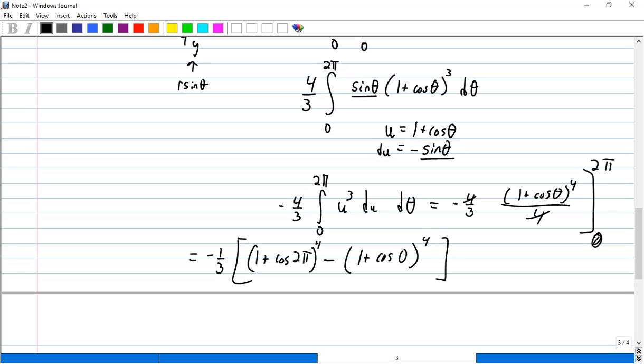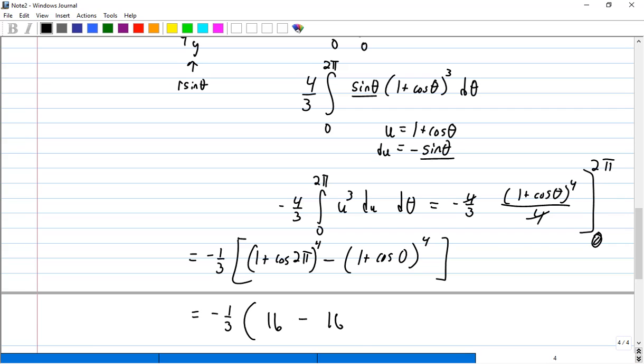So cosine of 2 pi is 1, cosine of 0 is 1, 2 to the fourth is 16, 16 minus 16. All that's just going to equal 0. It was a line integral, and we started and stopped right there at the same point, so it was equal to 0.